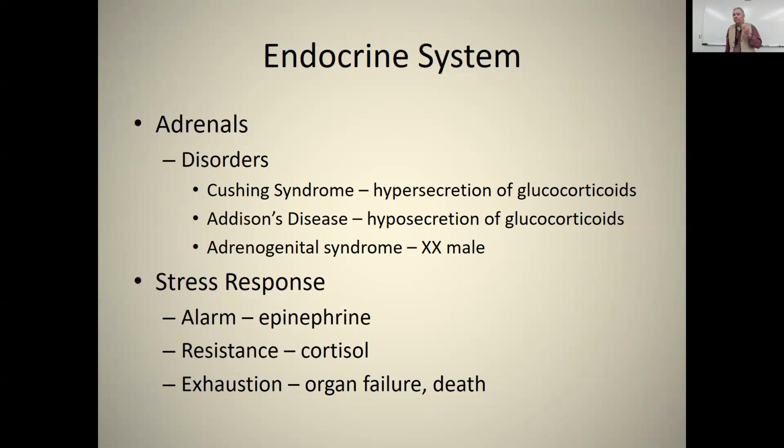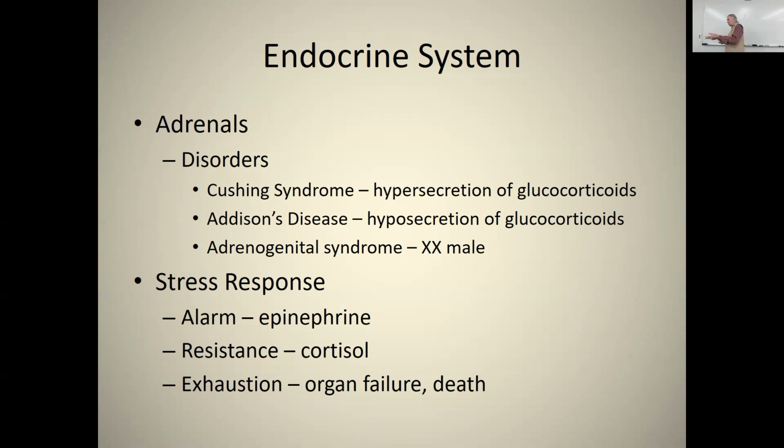I think it's actually oversecretion of glucocorticoids, but the glucocorticoids, again, are steroids and look like androgens if they're in high doses. And so it makes this little girl born with male genitals. They're usually surgically altered to make female genitals, and they go through life as females because they are females. However, they're going to have a male brain. That's irrevocable because of the effect of testosterone during fetal development.